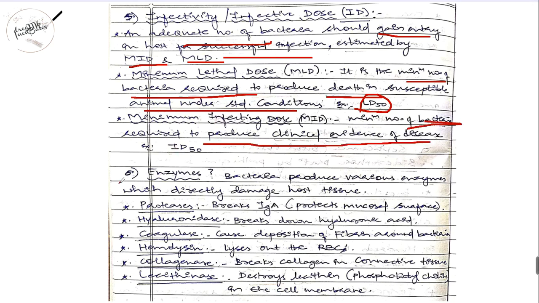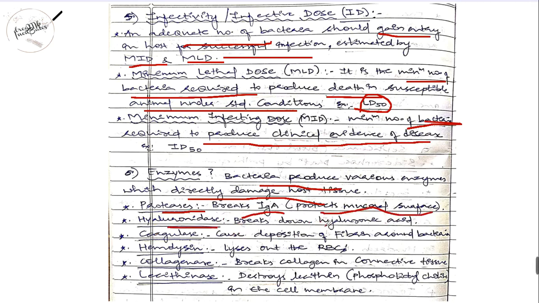Next, the enzymes as virulence factors. Bacteria produce various enzymes which directly damage the host. Some of the enzymes that we are going to look at here are proteases, which break the antibody IgA that protects our mucosal surface.